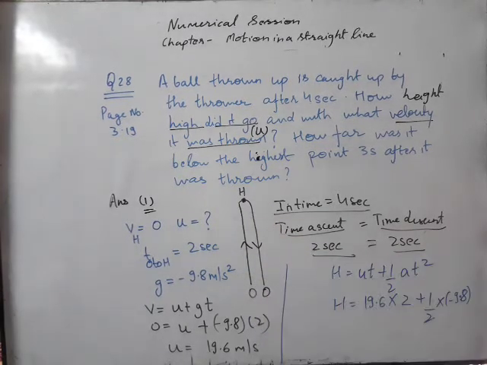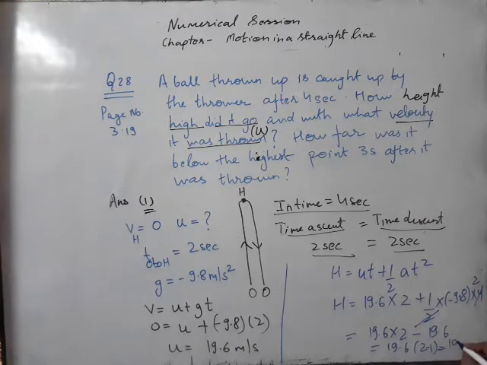O to H it is against the gravity. So t square will be over here 4, 2 to cancel, it will be 19.6 into 2 minus 19.6. So 19.6 can be taken common, 2 minus 1 is 1, so answer will be 19.6, and since it is height, it is measured in SI unit meter according to the values given in the question. Now we will be trying to do the third part.